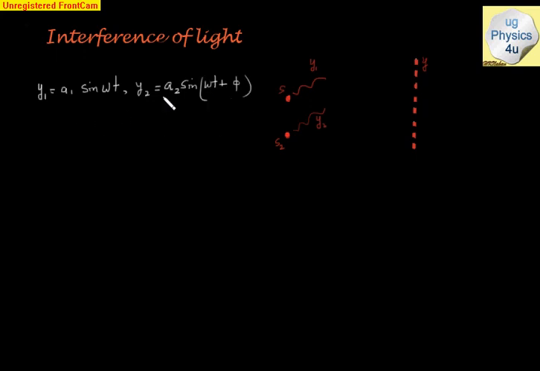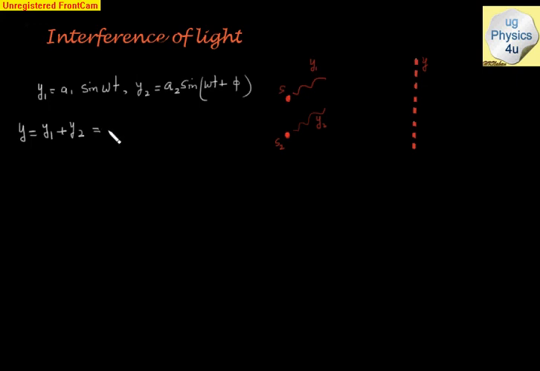According to interference theory, this pattern is produced only if the phase difference is 0 or phi is constant. So we assume phi is constant here, and on the screen we will get a pattern when these two waves superimpose. Using the superposition principle, we can write y equals y1 plus y2.